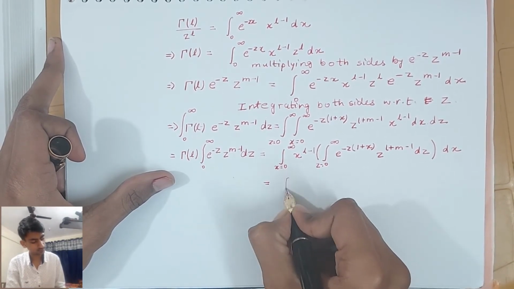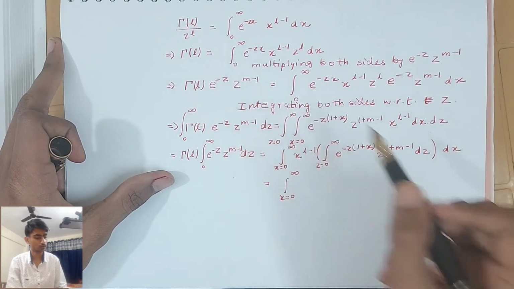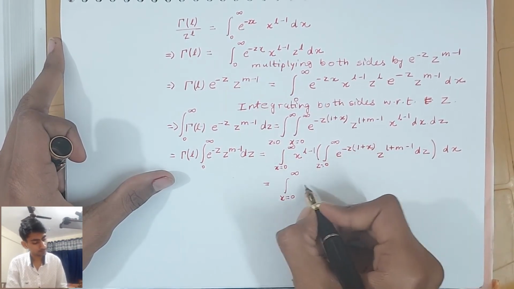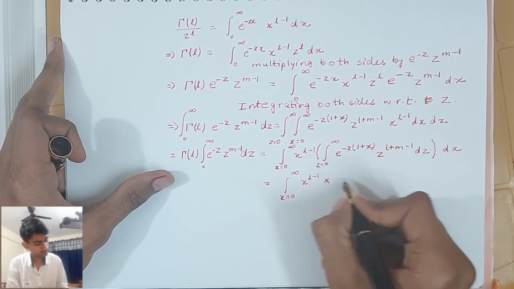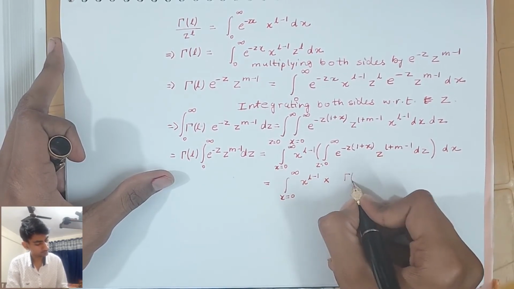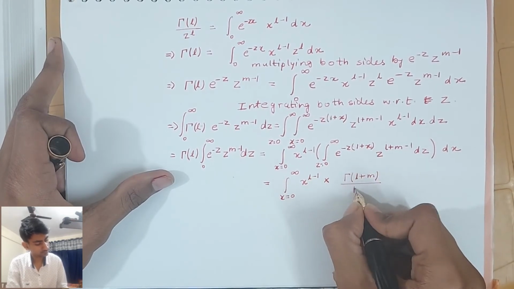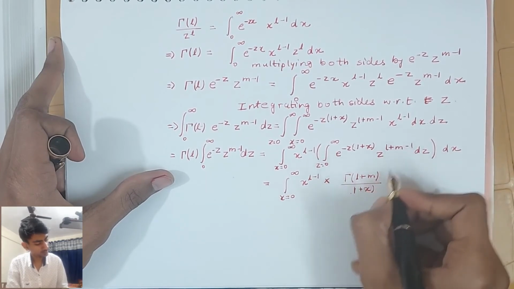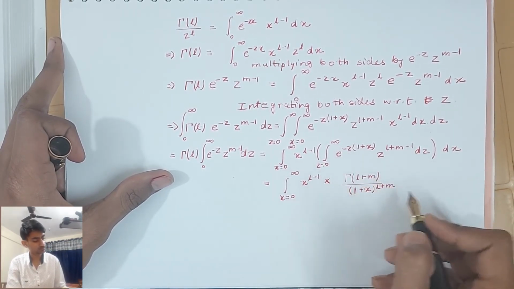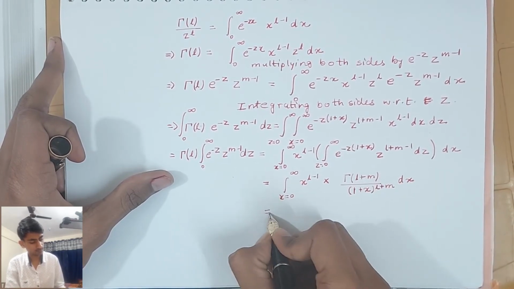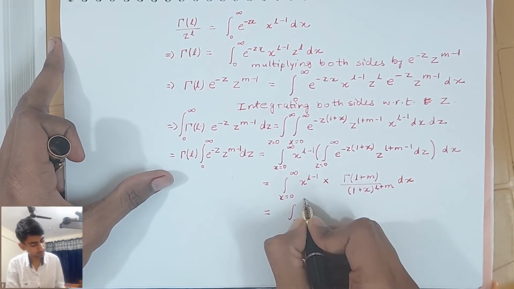So x is equal to 0 to infinity. Again, using the previous result that we obtained, where a is 1 plus x over here, I can write first this part x to the power L minus 1, and for this part I can write gamma of L plus m divided by 1 plus x to the power L plus m, dx.